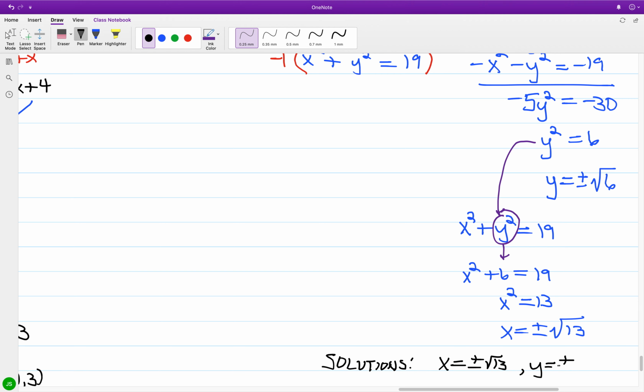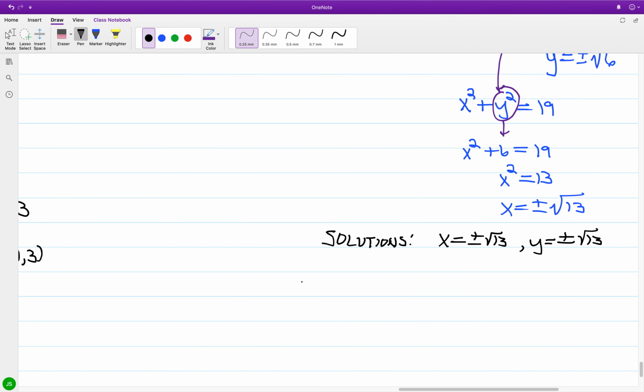Y is equal to plus or minus the square root of 6, my apologies. For the ordered pairs, I have the square root of 13, square root of 6.